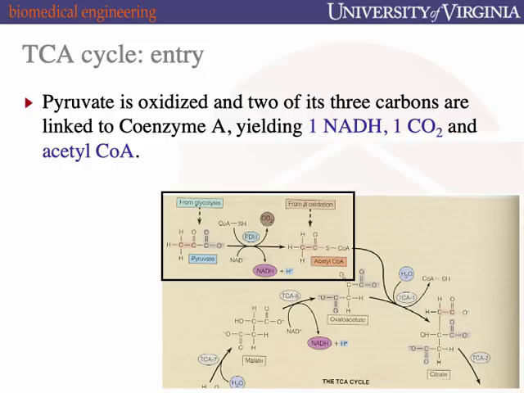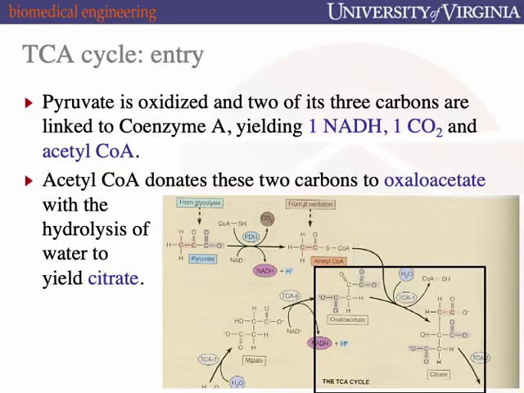What is the fate of those two carbons now? These get fed into the TCA cycle, and the reason why it's called the tricarboxylic acid cycle is that the product, after adding in that acetyl group, is a tricarboxylic acid.